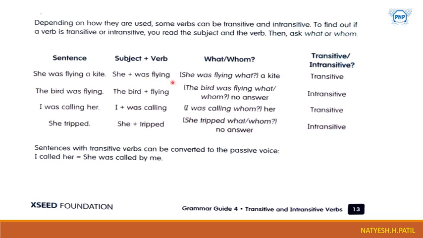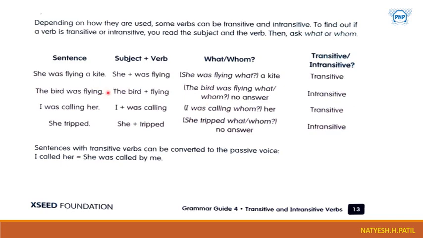Now, the bird was flying. Here, the bird was flying what, whom? We ask the question, the bird was flying what? The bird was flying whom? Are we getting an answer? No. What can we answer? There is nothing after flying. Is there anything? Like in the earlier sentence, after flying there is an object.